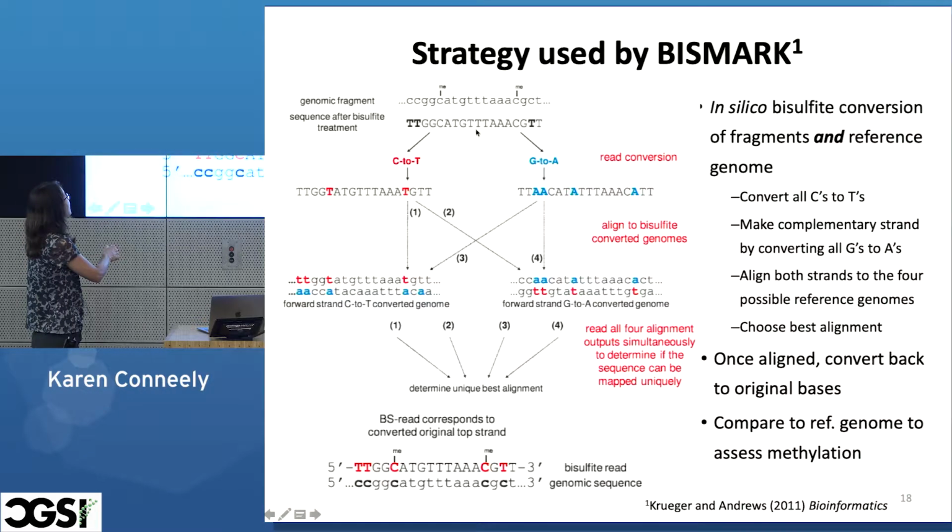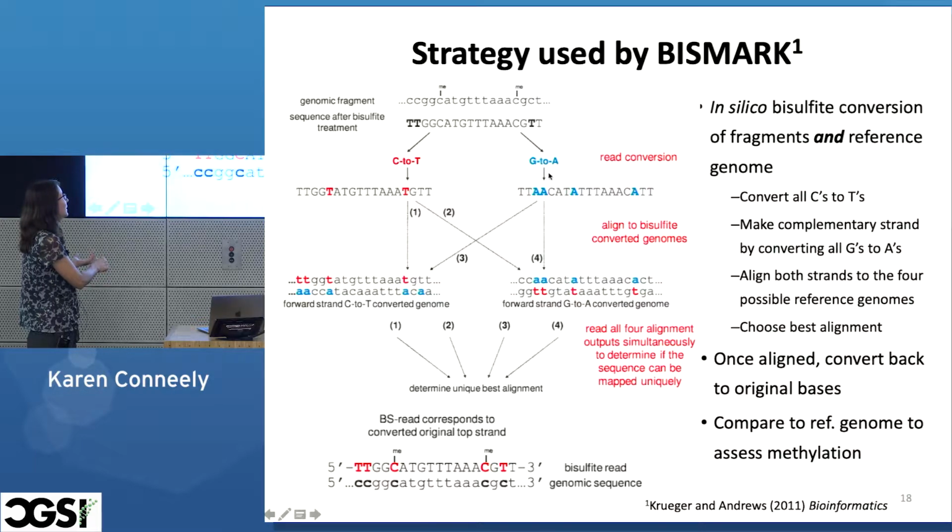So if it was the original DNA that got treated, then you're going to want to switch all the C's to T's and then align to both the forward and reverse strand of the reference genome down here in red, where all the C's have been changed to T's. But if it turns out this was the complement that got produced during PCR, then the C's would actually be G's and the T's would be A's.